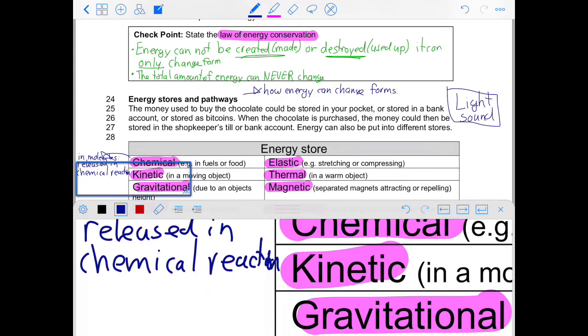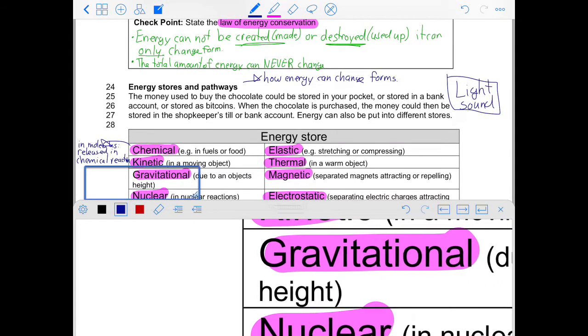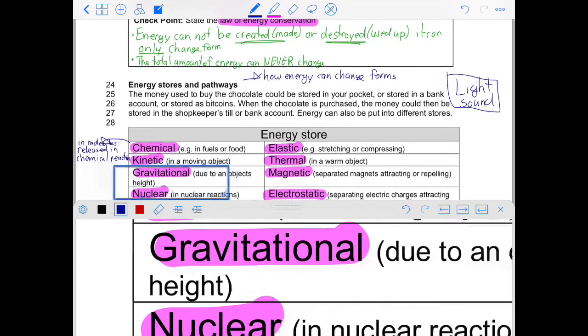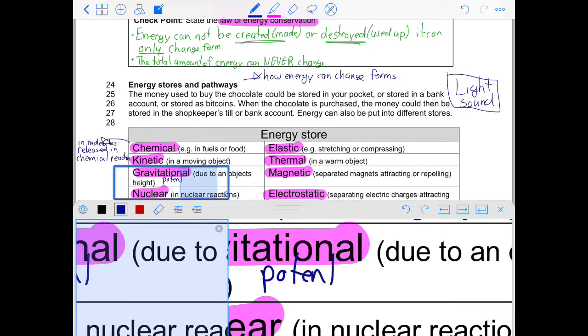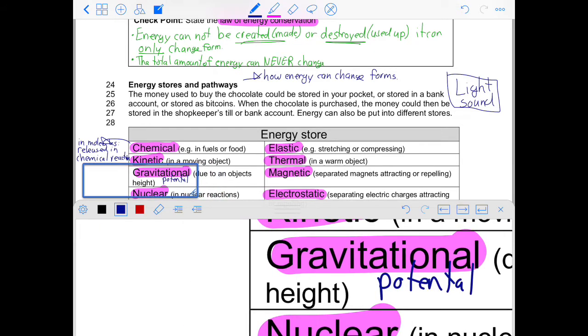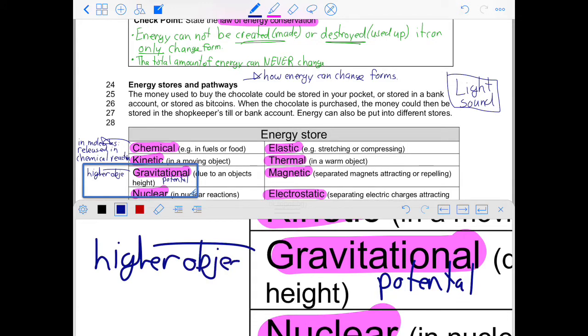You're moving a lot faster, so you have a lot more kinetic energy. And kinetic energy is one that we will learn more about. Gravitational, I'd like you to add to this, it's gravitational potential energy. We'll learn more about exactly what the word potential means, but it's due to an object's height. So a higher object has more gravitational potential energy. Whereas if you lift your pen a little bit, it only has a little bit of gravitational potential energy.